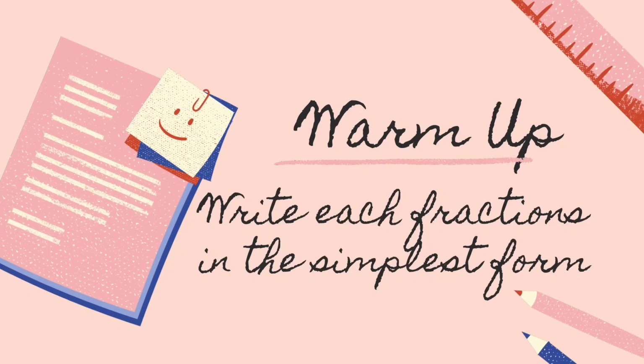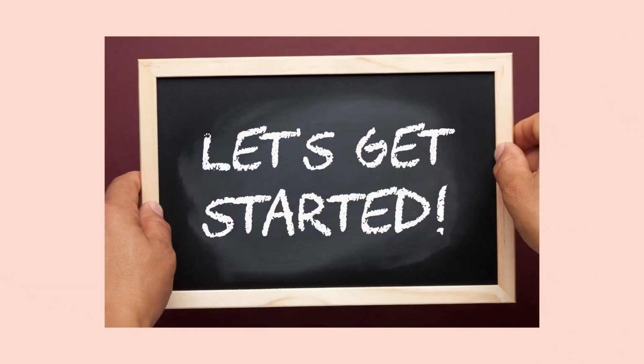Before we move on to our class discussion, let's have these warm-up activities. Get your pen and your paper. Write each fraction in the simplest form. I'll give you 10 seconds to answer each fraction and write it down on a piece of paper. Are you ready? Let's get started.